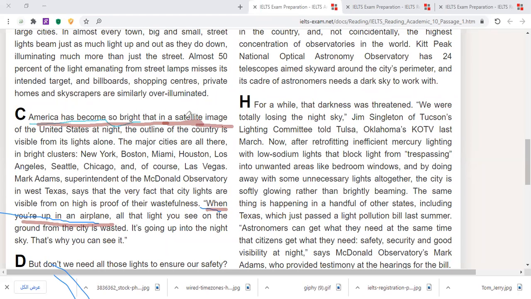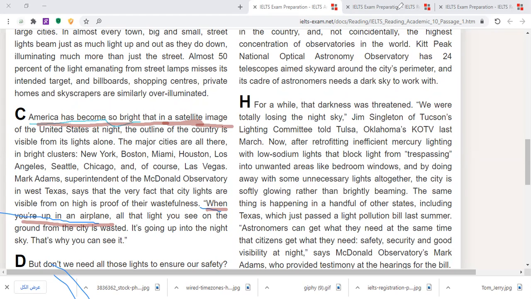Do you know the meaning of satellite? No. At least, do you know where it is? In space. Yes, in space. So this also gives us the idea of from above. Very good.